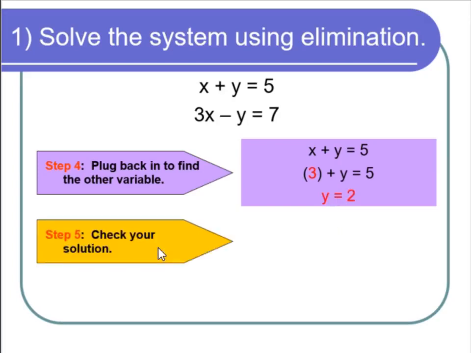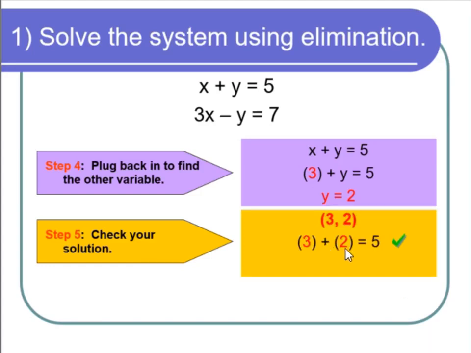Next step is to check whether our solution is correct in equation 1 and equation 2. If x is equal to 3 and y is 2, in equation 1 we'll have 3 plus 2, and that will be equal to 5. For equation 2, x is 3, y is 2, we have 3 times 3 minus 2 should be equal to 7. 3 times 3 is 9, minus 2 is equal to 7.